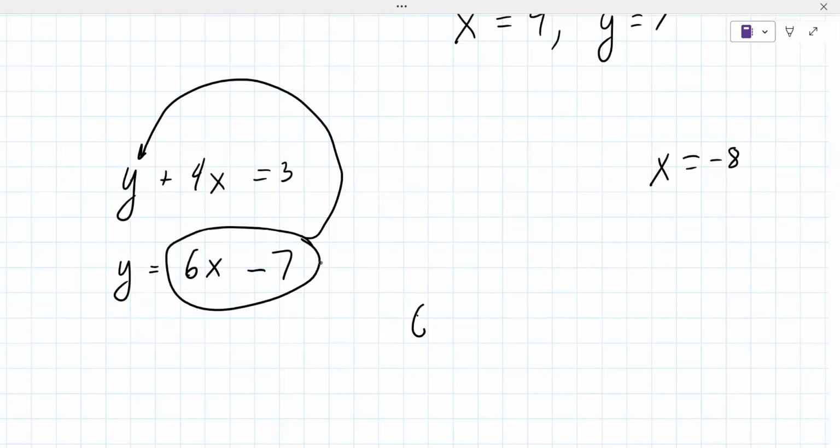Did you write 6x minus 7 plus 4x equals 3? Yeah. You did, okay. So what is 6x plus 4x? 10. 10x minus 7. What do you do to solve this equation?